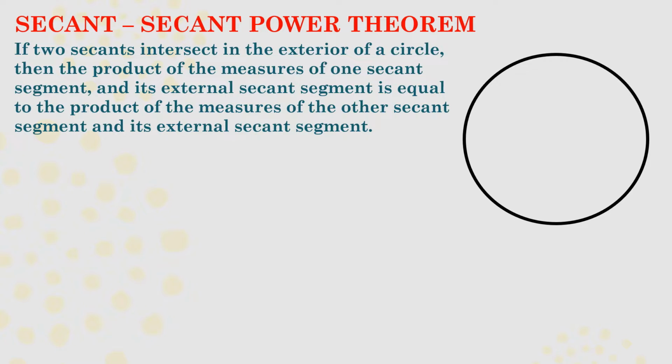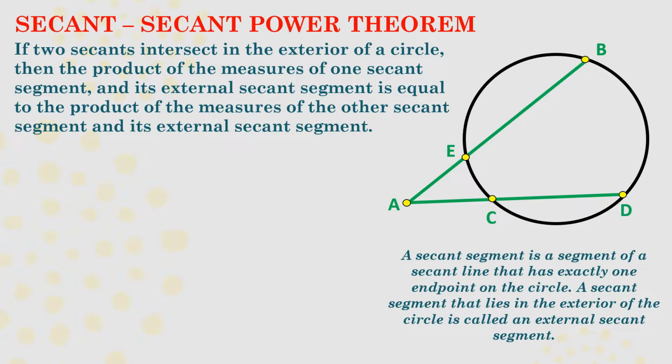So let's have a circle, and let's have secant AB and secant AD intersecting outside the circle at point A. When two secants intersect outside the circle, we form a secant segment, which is a segment of a secant line that has exactly one point on the circle.